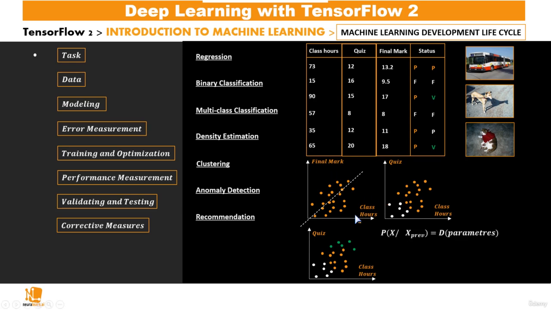In density estimation, we're trying to represent compactly a data set like this one, for example, using a probability density function, which could be a normal probability density function, binomial, gamma, and many others. You could consult our probability course to have a deeper understanding of probability density functions. Now, once we've modeled our data in the form of a probability density function, when given new or unseen data, we should be able to use our probability density function for inference.